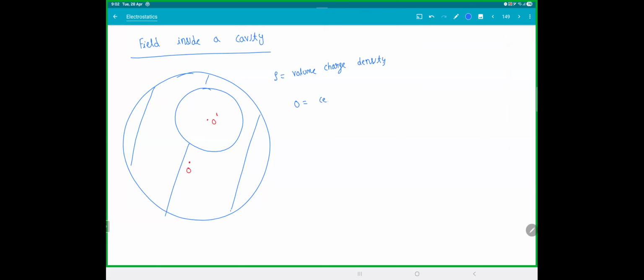Find the field inside the cavity. Find the field anywhere inside of the cavity. This is a solid sphere with a cavity. O dash is the center of the cavity.